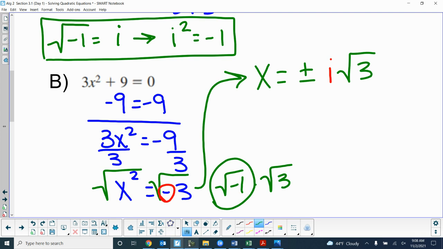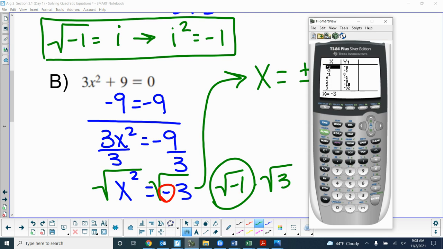So if I were to graph this on my calculator, it won't cross the x-axis. It'll be above or below it. If I go to my y equals and put 3x squared plus 9 and hit graph, you could just see it barely up there at the top. So there's a little parabola up there because the y-intercept, what's my c value? 9.